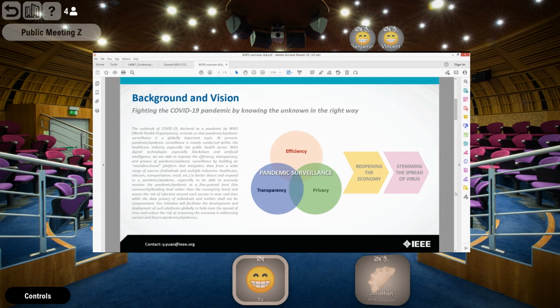So not only for now, but also for the future, our goal is to set up the platform and recommended practices so that our economy and our daily life could be least influenced. As the diagram on this page shows, pandemic surveillance with efficiency, transparency, and privacy helps with reopening the economy and stemming the spread of the virus.